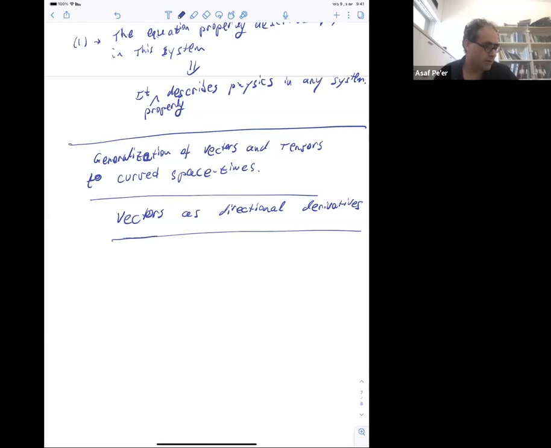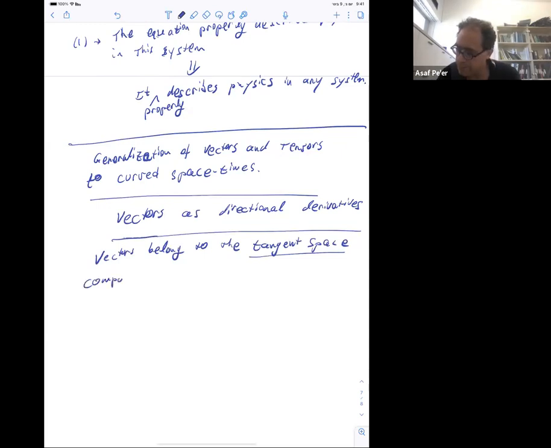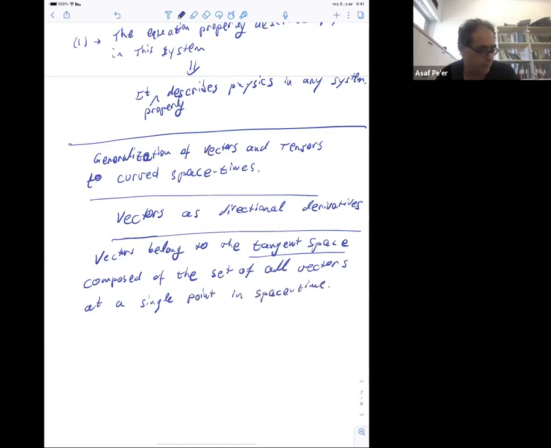I argued that vectors belong to the tangent space, composed of the set of all vectors at a single point in space-time. And the important wording here is a single point.